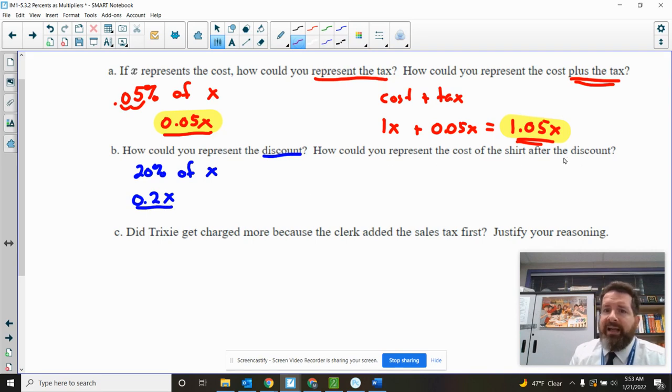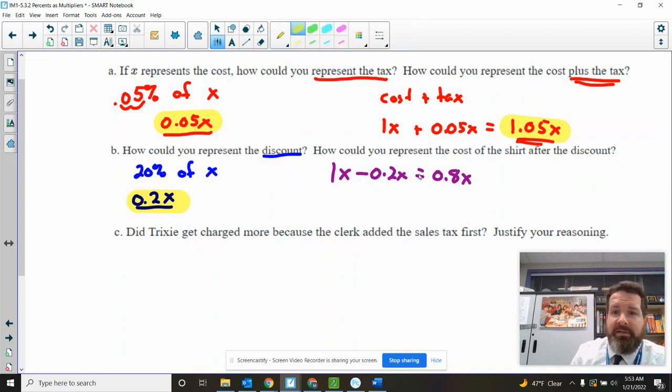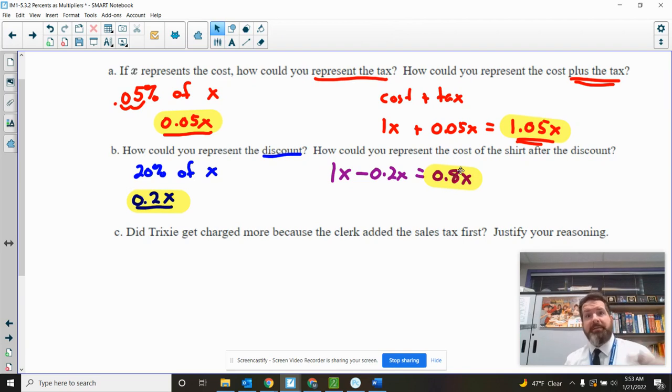Now, cost of shirt after the discount. Cost minus discount, since the cost is going down. Imaginary 1 minus 0.2 is 0.8. There that is. And this, again, shouldn't be a surprise. This is how we would figure the multiplier, right? 1 minus 0.2 is 1 minus 20%. 0.8 is what's left behind.